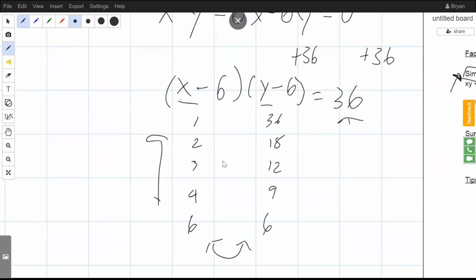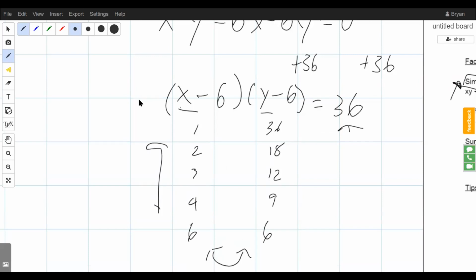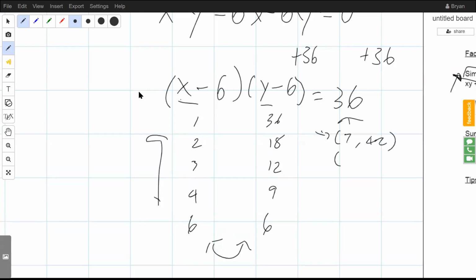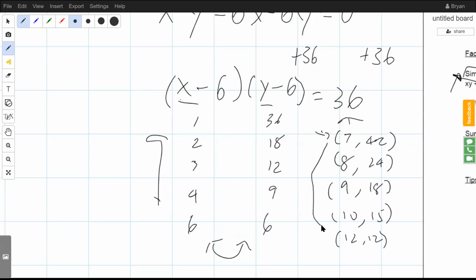So the corresponding ones would just be 7 and 42, 8 and 24, 9 and 18, 10 and 15, and 12 and 12. And since we're counting ordered pairs, we can swap the order of these 4 right here.